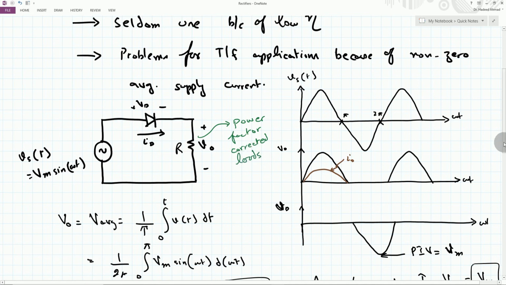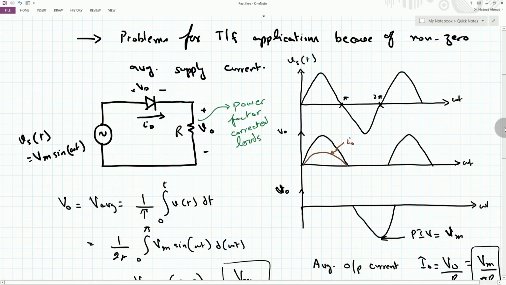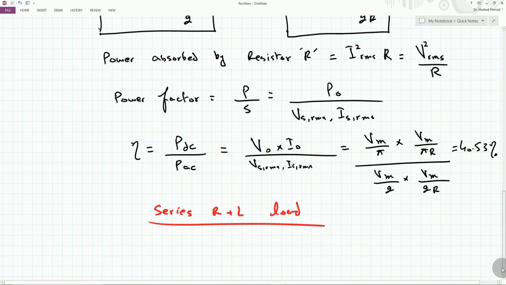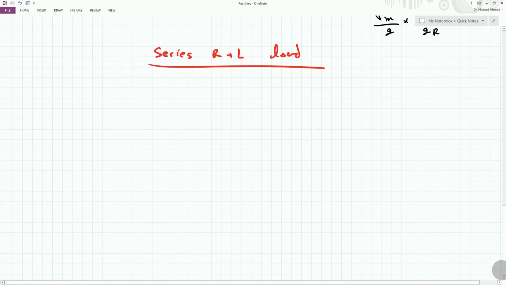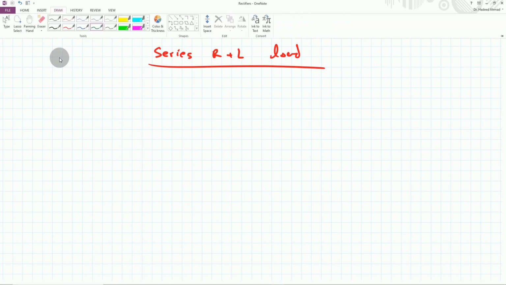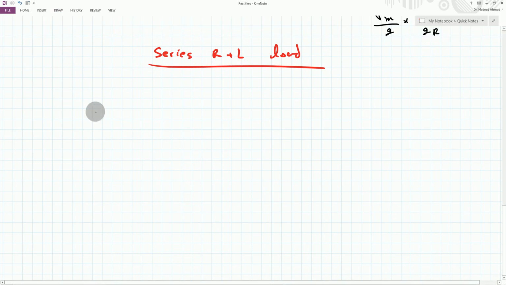With a power factor corrected load we can represent it by a pure resistance, but mostly in industry or real life applications, a pure resistance is a very rare case of the load. So with a series RL load, the circuit becomes a little bit complicated.